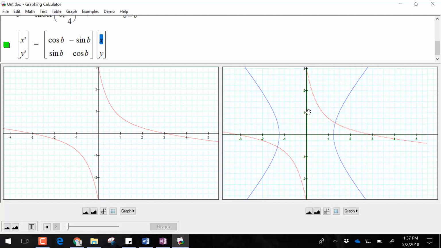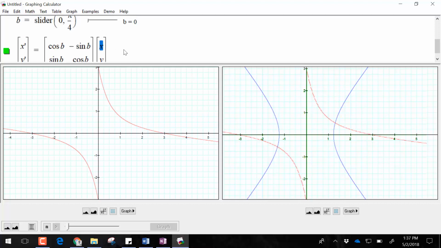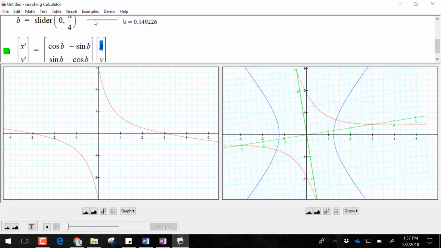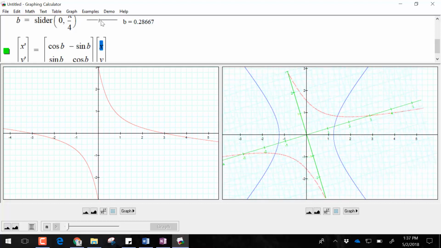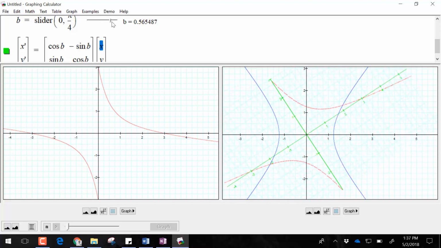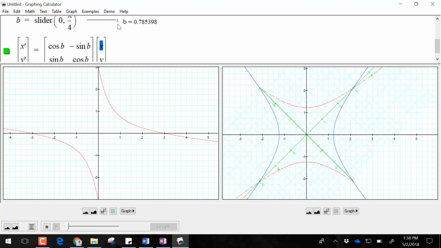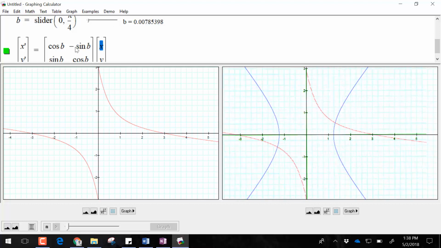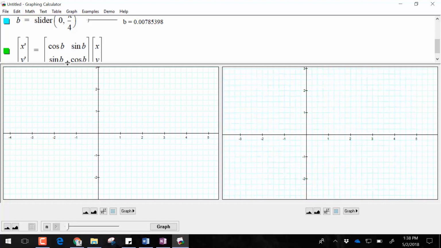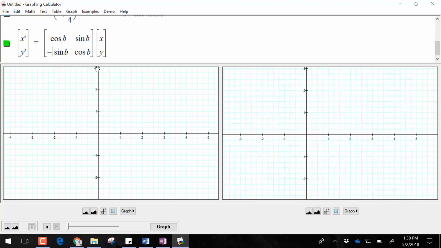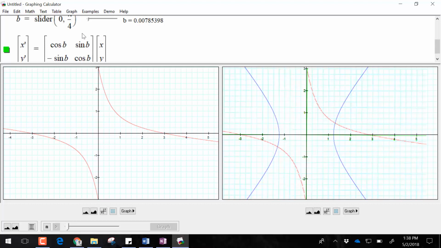So if you look at just the right side, we're going to do a rotation and slowly change the angle of rotation until we get to pi over 4. No, it didn't work. Maybe this is negative. Is that going to work now?